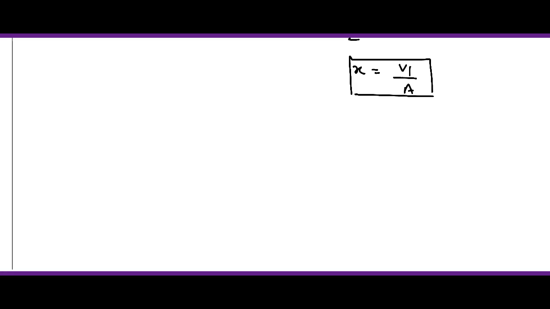So we know that work done is basically the integration of PdV, where P is the pressure and dV is the change in volume. Now I can write in place of P, P1 plus Kx upon A. This is my final pressure after the spring is working on the piston, dV.